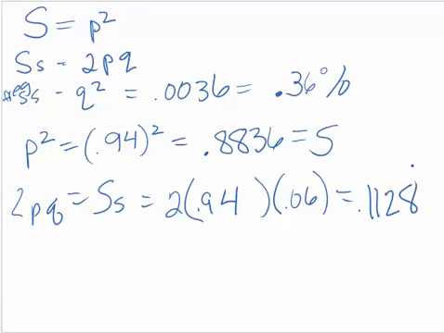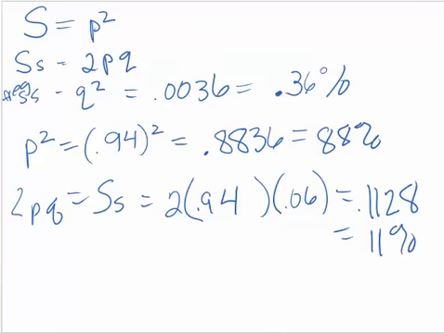That will equal 0.1128. Now all of these are frequencies, so we need to change them to percents. I'm just going to round it off to 88%, and this one will be 11%.